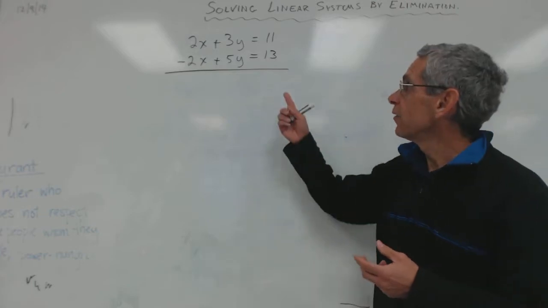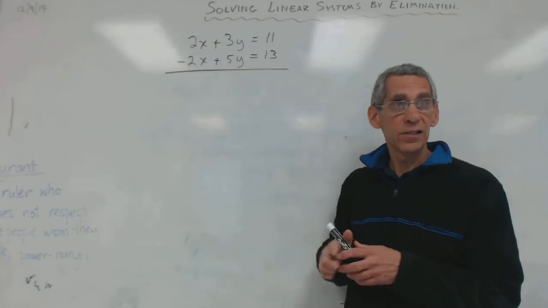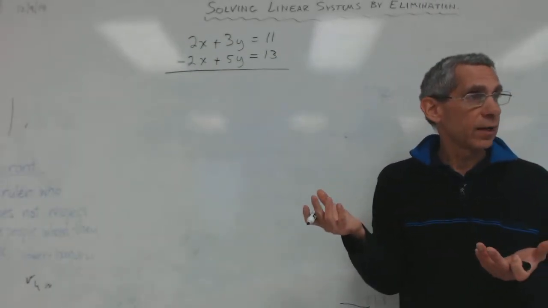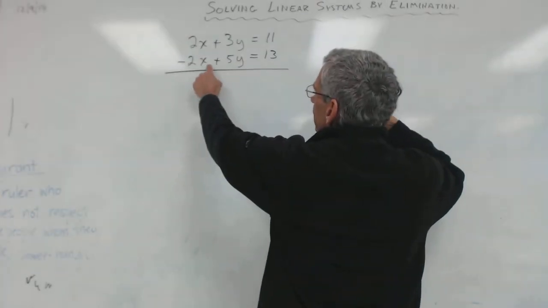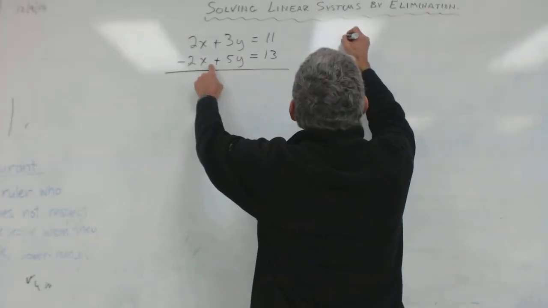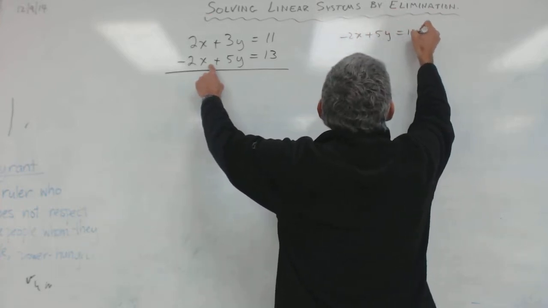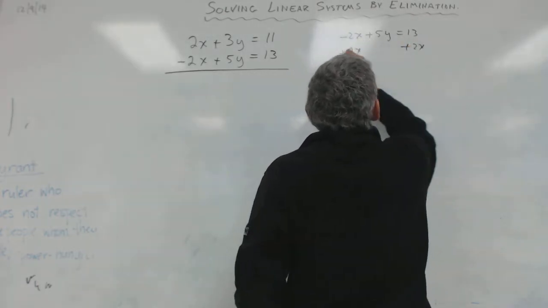Think about it. If I had to do substitution with this, I've got to have an x equals or y equals. So let's do the second one. I've got negative 2x plus 5y equals 13. Let's say I add 2x to both sides, because I'm going to solve for y.